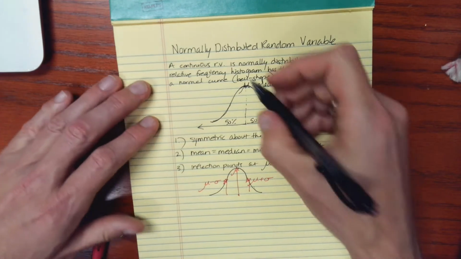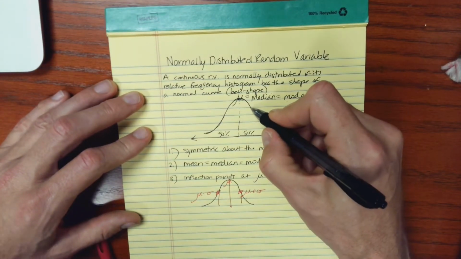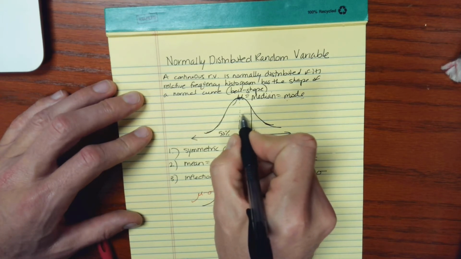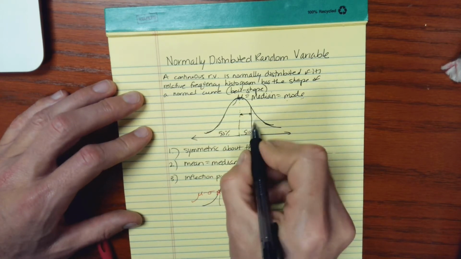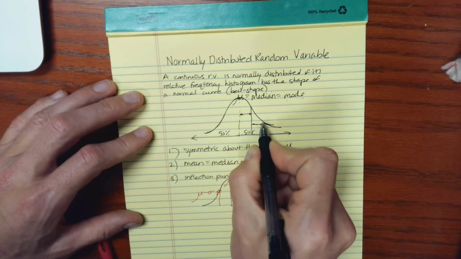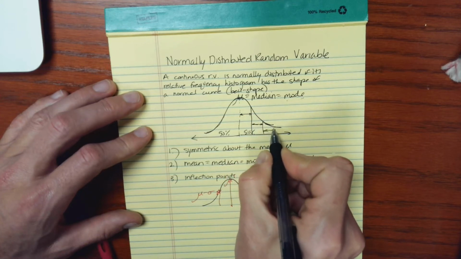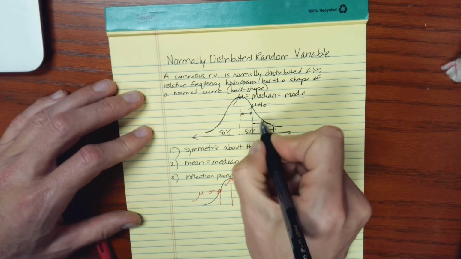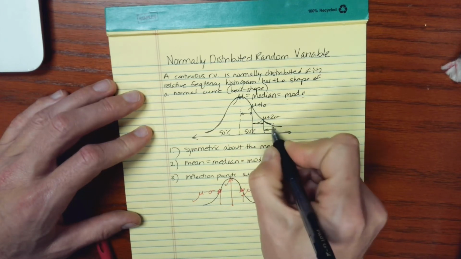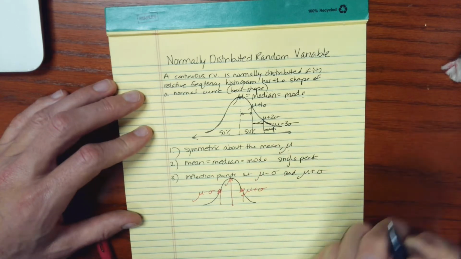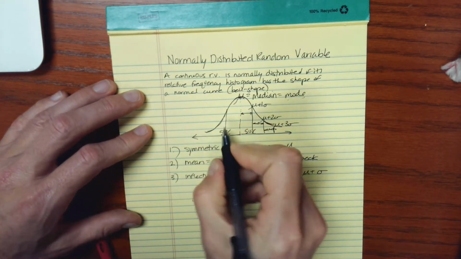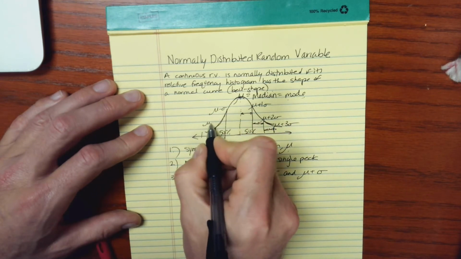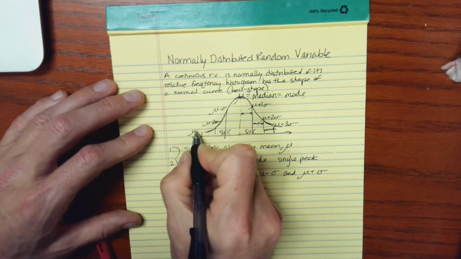Now I'm going to mark those again on the main picture. Once we know the length of a standard deviation, from here to here, I can mark off other standard deviations by marking off that same distance. So this would be the mean plus 1, plus 2, and plus 3 standard deviations, and of course that works going the other side: the mean minus 1, minus 2, and minus 3.